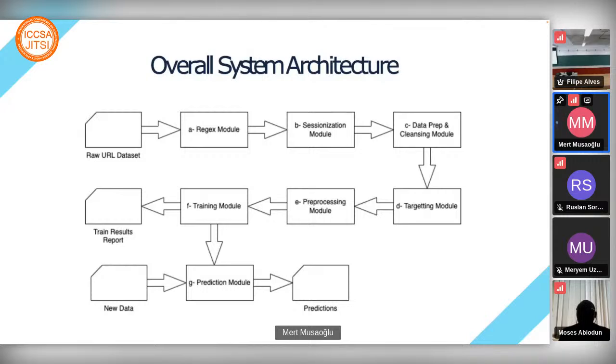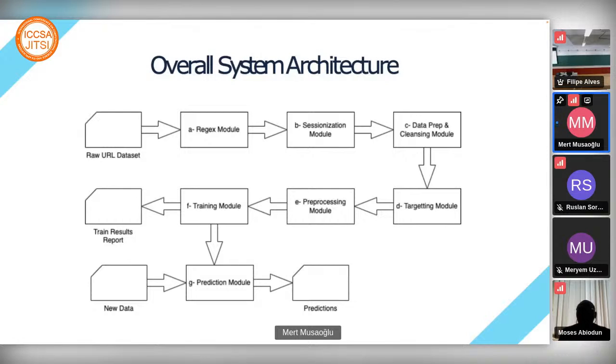In the regex module, as you can see here, each page URL is grouped and tagged according to which specific part of the customer journey it belongs to. In module B, sessionization, URLs are grouped by session ID, page ID, and time.